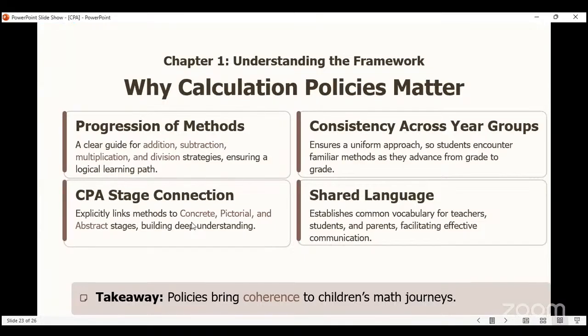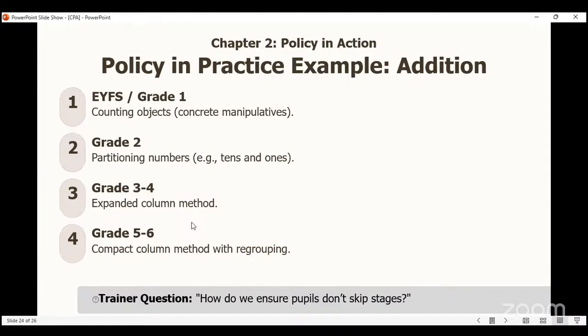Why calculation policies matter: progression of methods, consistency across year groups, CPA stage connection, and shared language, so that across the school, everybody is using the same language, we are all on the same page on the methods to use for teaching a particular topic in mathematics. That's why calculation policy matters.